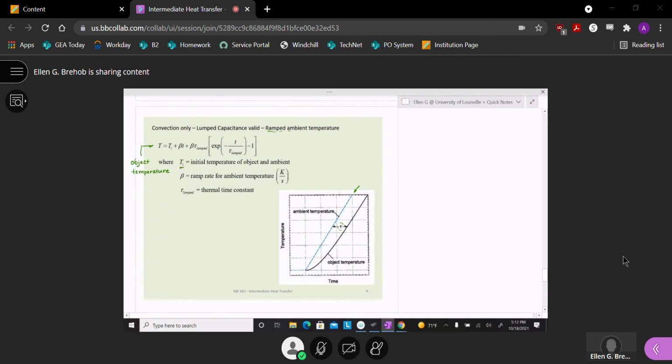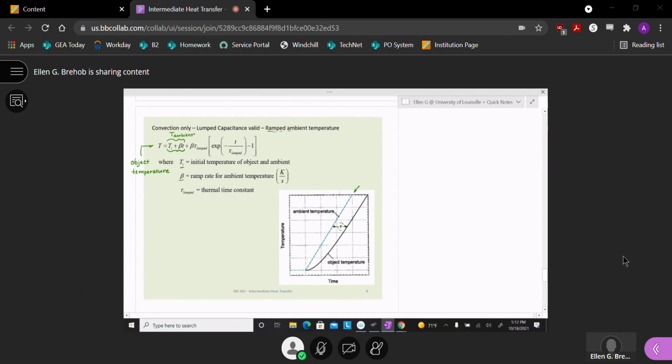Okay, so here it has the initial temperature of the object and ambient. And this is our ramp rate, beta, for how we're changing the temperature with time. Maybe I'll put this up here. So this is really the ambient temperature, or fluid temperature, right?